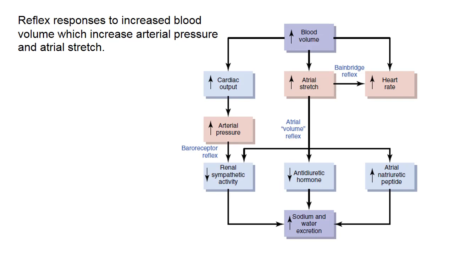The other thing is that atrial stretch produces a reflex in the heart named the Bainbridge reflex. During stimulation of the Bainbridge reflex, the heart rate is increased. So all of these factors regulate increased blood volume through excretion of sodium and water and also increasing heart rate and cardiac output.